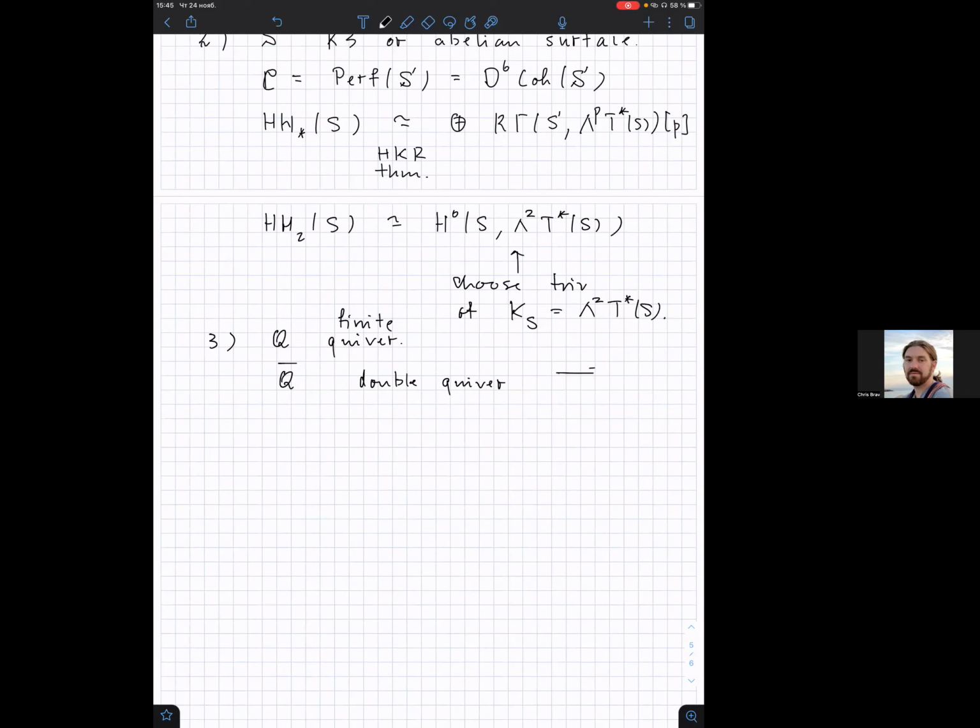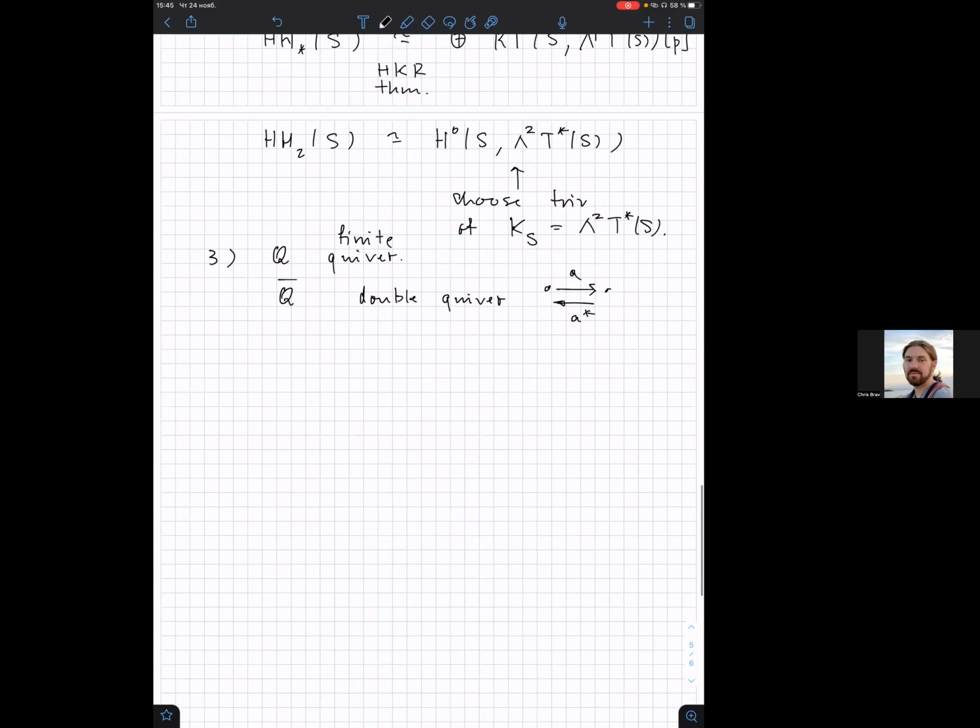So for every arrow A in the original quiver, I introduce a dual arrow, A star. And from this, I can form the so-called preprojective algebra and also a deformation of it. So what is this? It's the path algebra of the double quiver modulo what are called deformed preprojective relations.